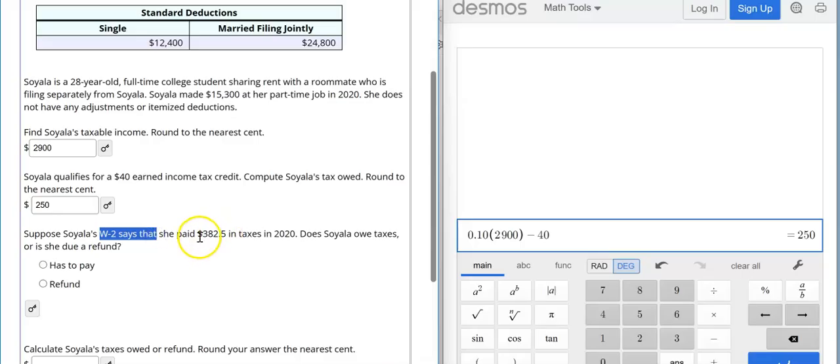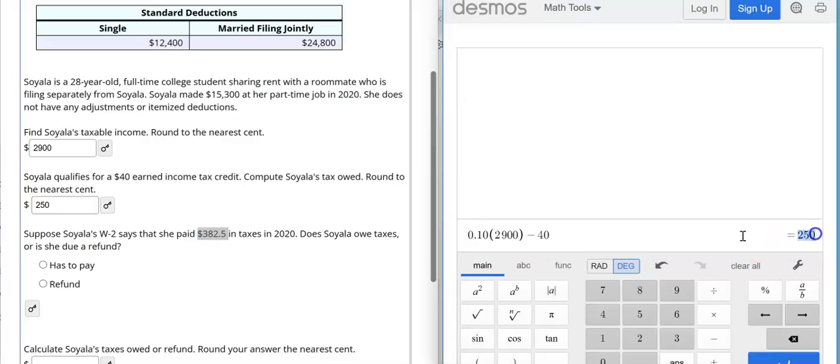Remember that this amount, $382.50, is tax withheld, which she already paid. In other words, every paycheck she pays federal taxes, altogether this in a year. She has to pay only $250, but she already paid $382.50 in her W2.